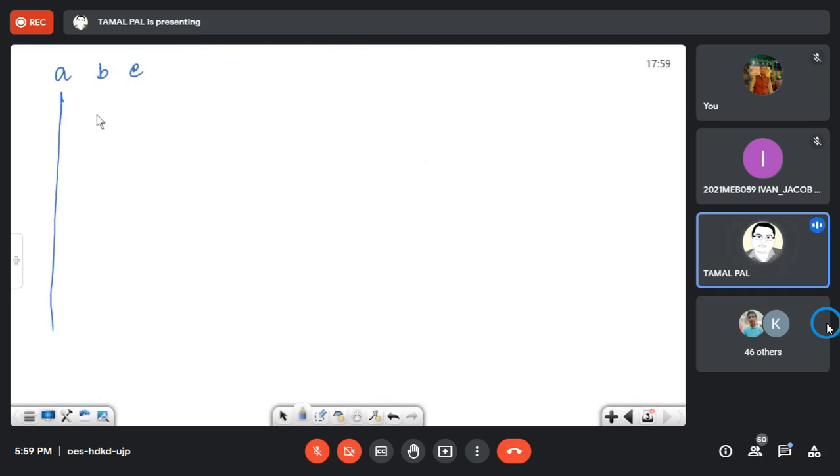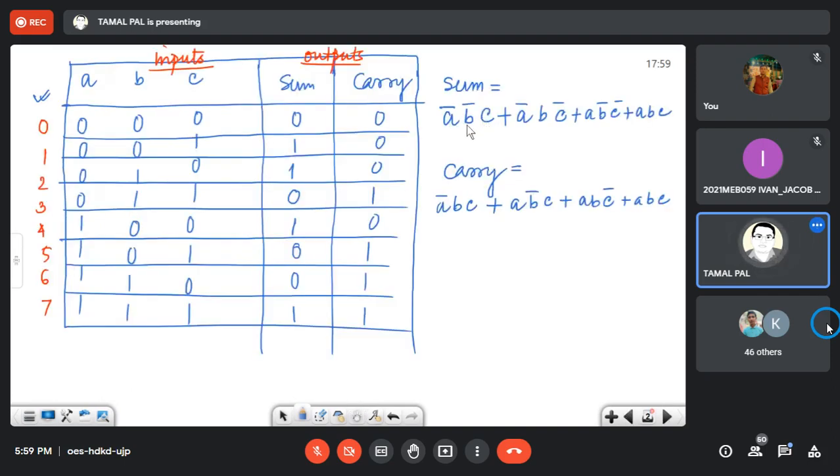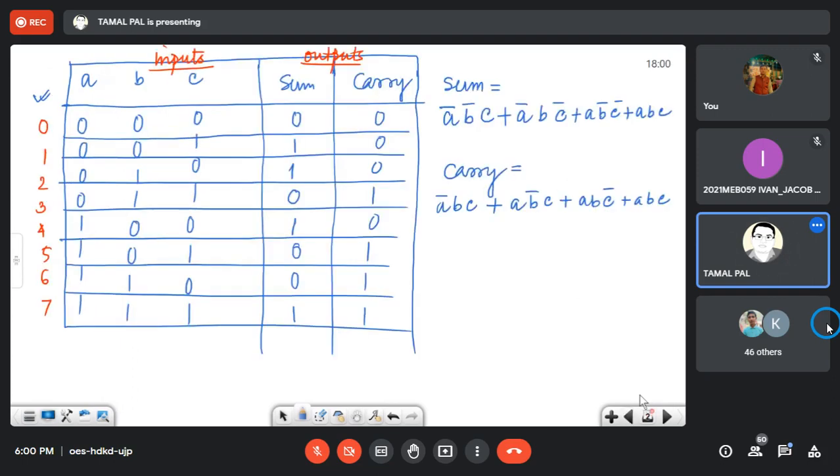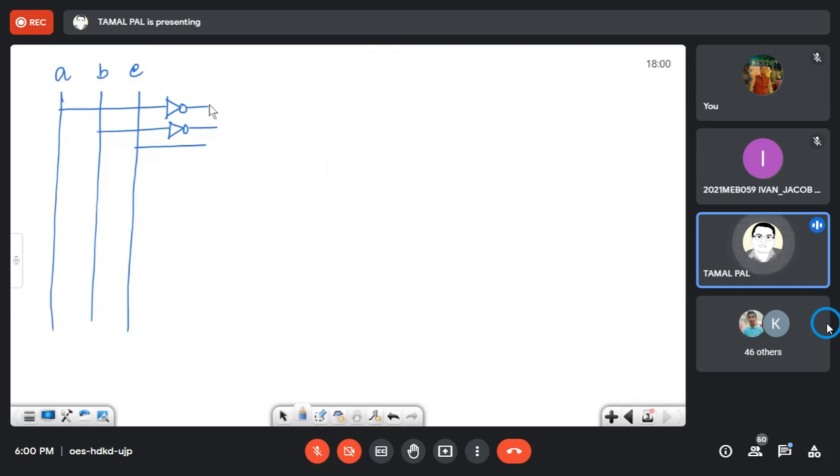These are the input lines. This is A complement, B complement, and C, and this is joined by AND.